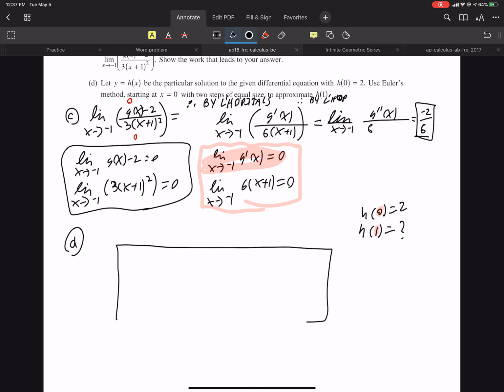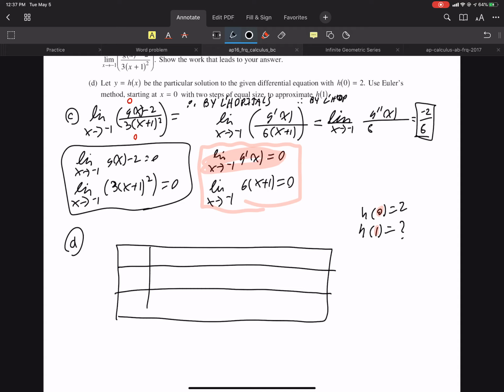So we're going to make a table. If we're doing 2 steps, we need 3 lines. We have our x column, our y's, and then we have our step size, delta x. Then we need the derivative at that point. When you multiply these two together, it equals delta y.